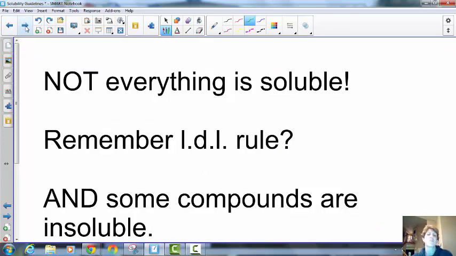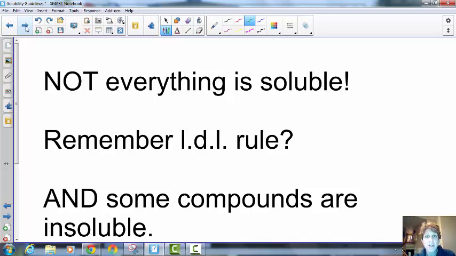Not everything is soluble, so I want you to remember that like dissolves like rule. If things are going to be soluble, solutes and solvents have to have the same type of polarity. So if something has charges, it's polar or ionic. So things that have charges will be attracted to other things with charges. So if you have a polar solute and a polar solvent, perfect.